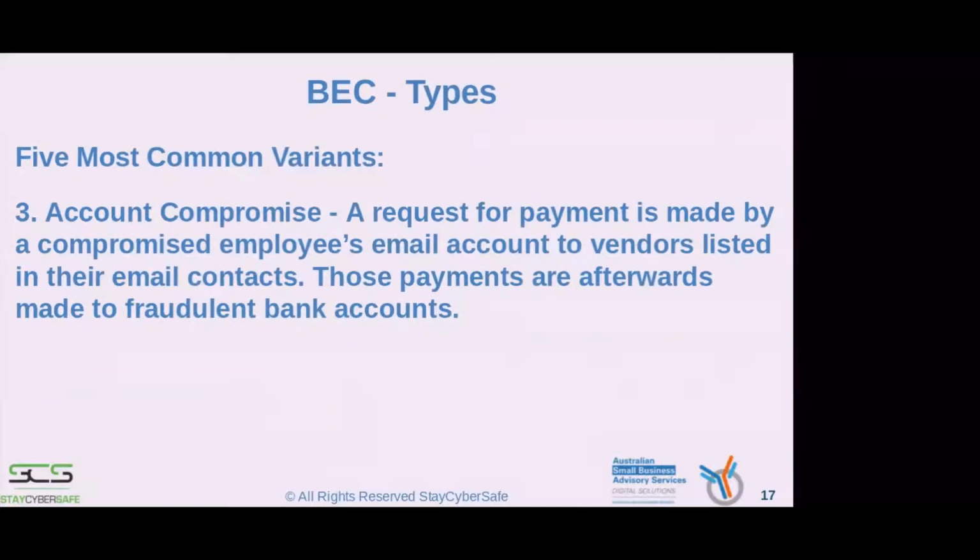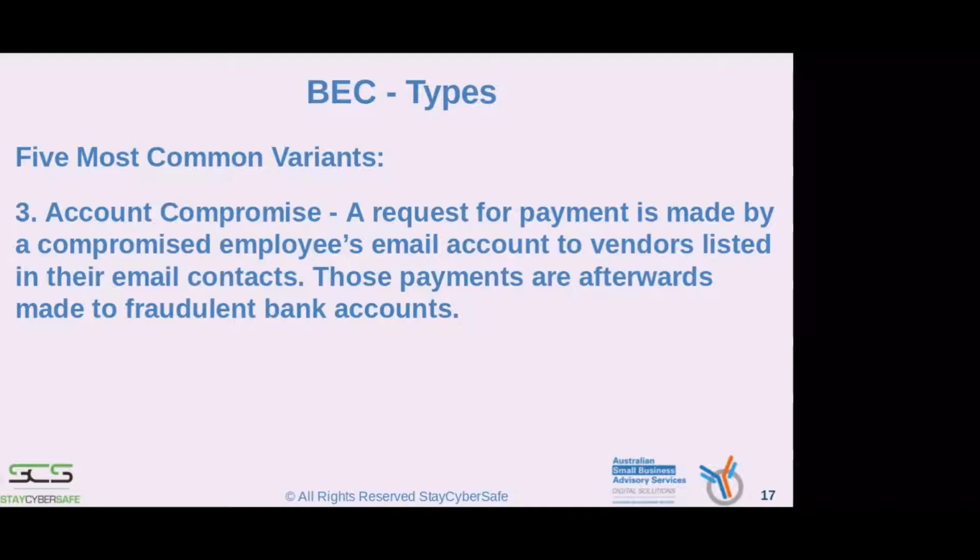So those were the types of common business email compromise, but we also have account compromise. Account compromise is where a request for payment is made by a compromised employee's email account to vendors listed in their email contacts. So what happens is, for example, one of your employees' accounts has already been compromised because they were the victim of a phishing email attack.